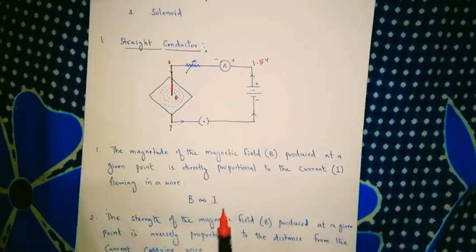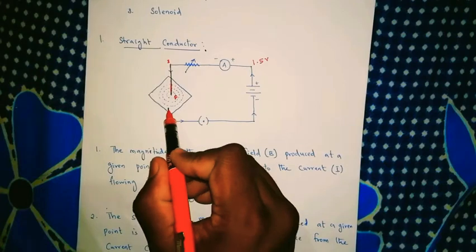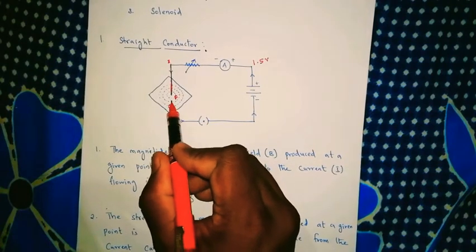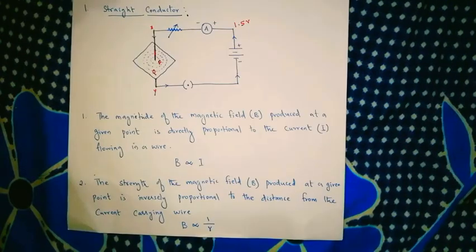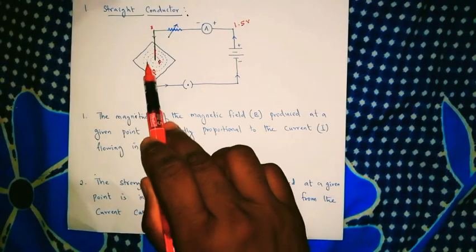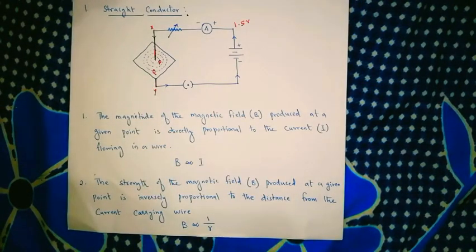So I'm going to keep a compass now at a point a little far from the wire. Once I keep this compass a little far from the wire, I can find there is less deflection; the deflection of the needle decreases.